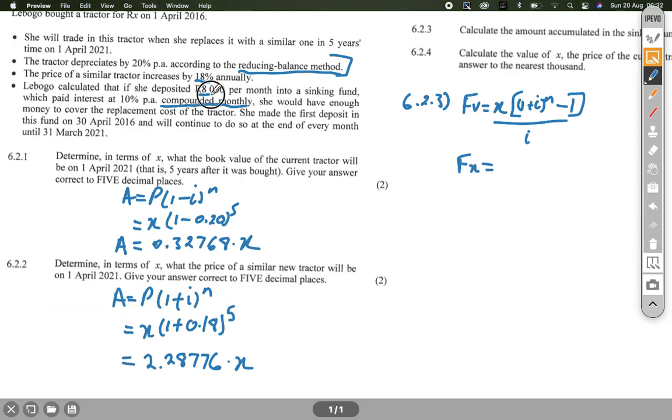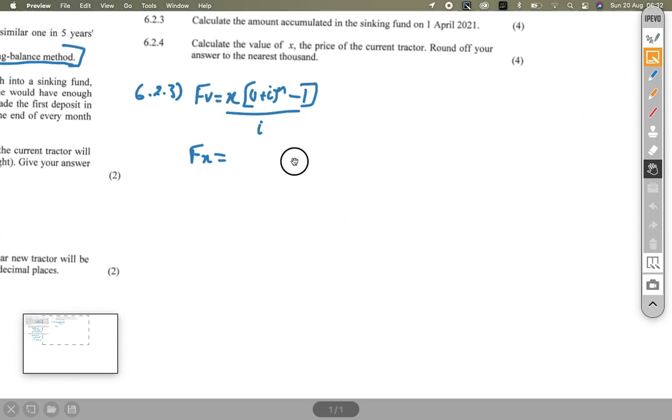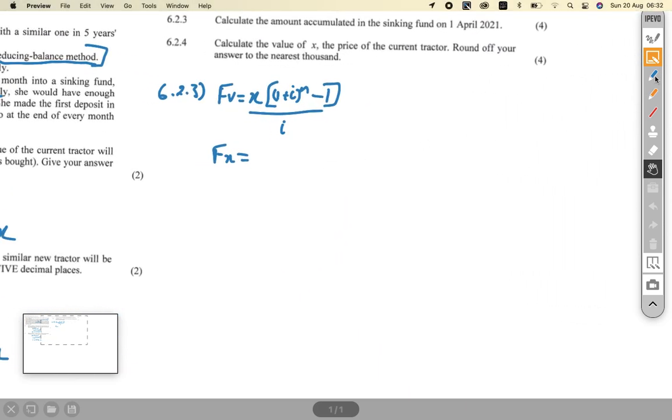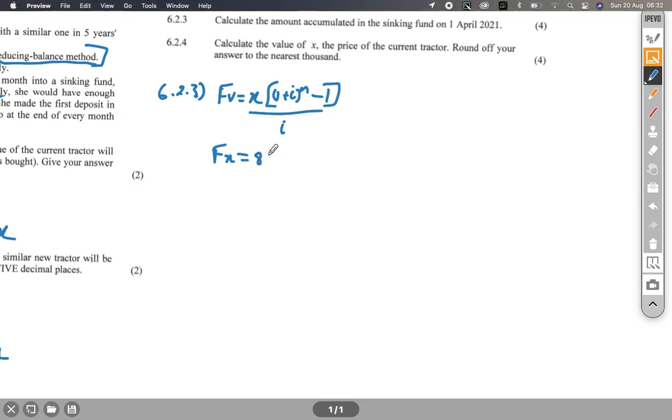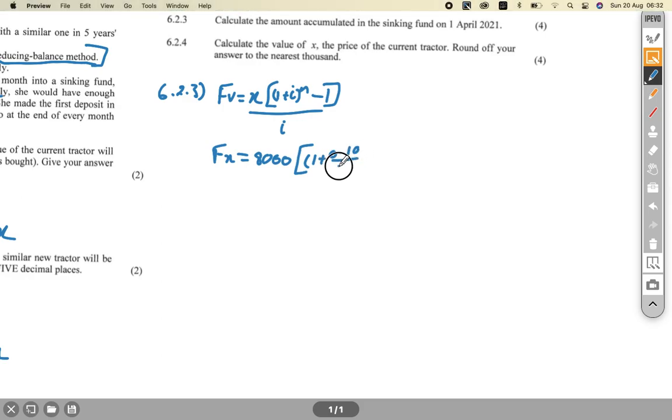So this is our X. Then our interest rate, they said 10% compounded monthly, therefore we divide by 12.